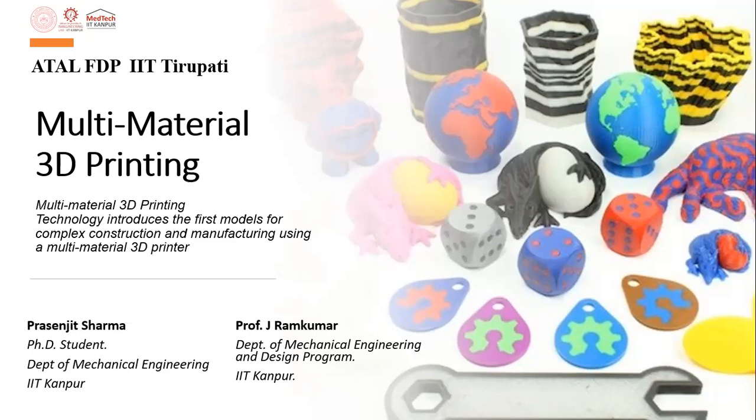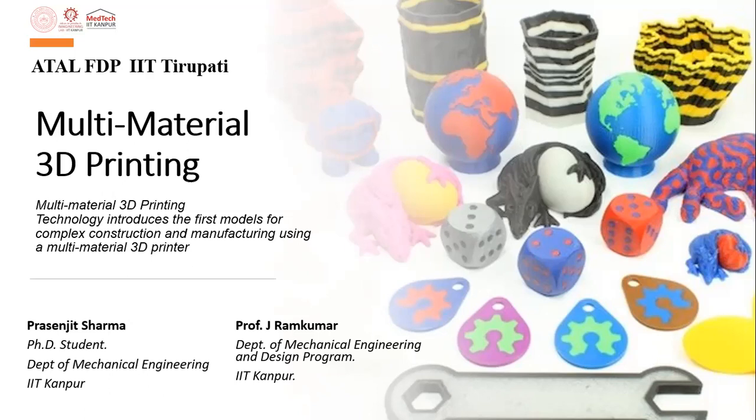Till now, the market was very open for printing of a single kind of material. For example, ABS wire, PLA wire, PC, these are all used in the FDM process. If you move towards powder-based processes like SLS, you think of ABS, polycarbonate, nylon, Teflon.